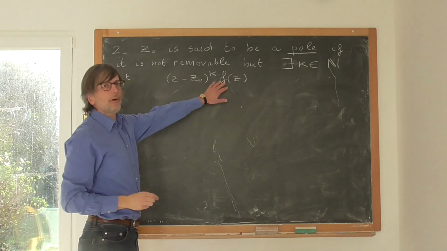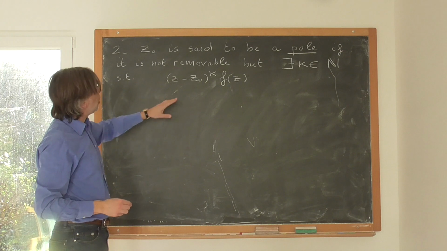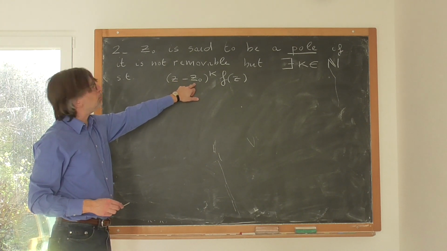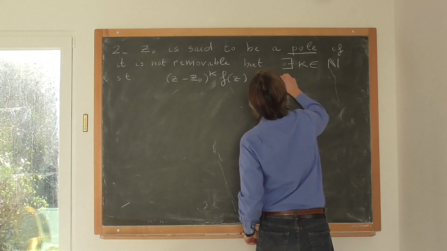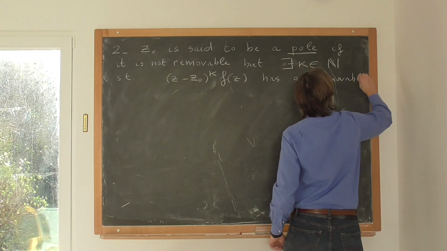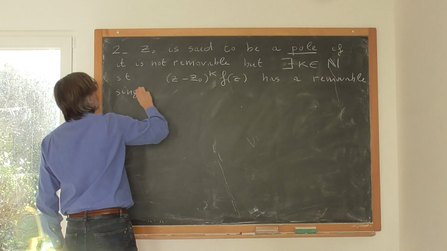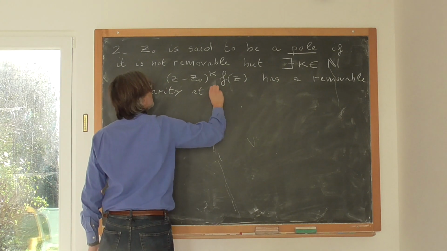So if we multiply our function f by z minus z naught to the power k, now the singularity at z naught becomes removable. So such that this function has a removable singularity at z naught.